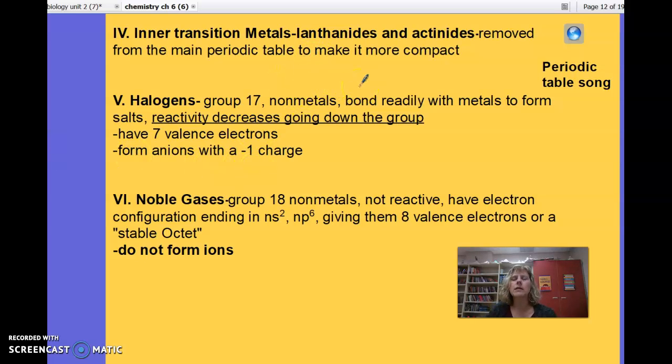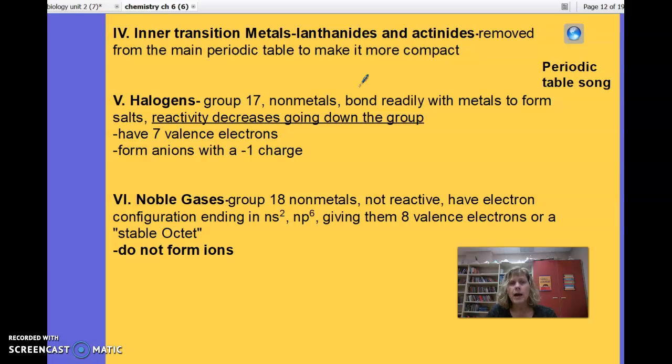Lanthanides and actinides are removed from the main periodic table simply to make it more compact, so that it's not this incredibly long, drawn out periodic table that would require an entire wall for me to hang it up. So we pull those out, but they definitely go into that inner transition metals group as their numbers would indicate. So just keep that in mind.